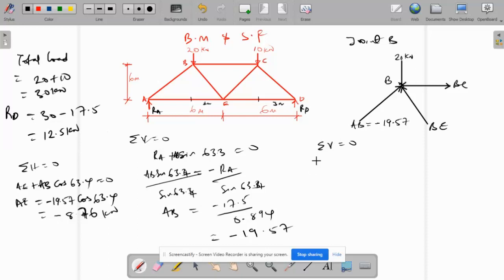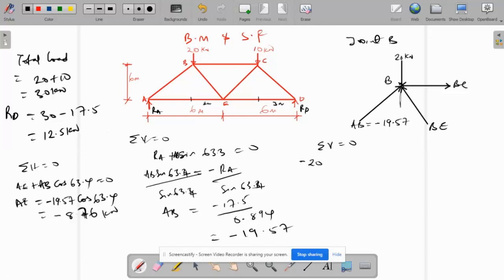What are our vertical forces? We have 20 kilonewton going downward, so it's minus 20 kilonewton. Here we have another one, which is we need to resolve this and this. So remember, at this point, we have to consider our angles.